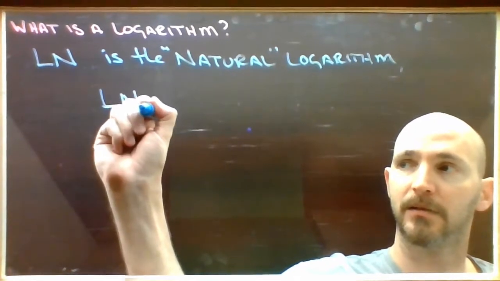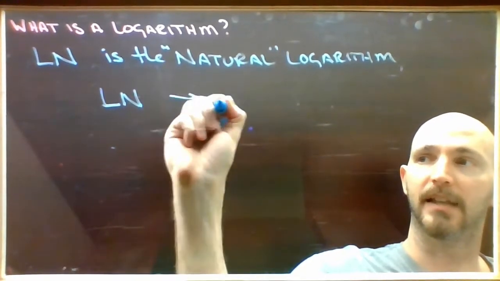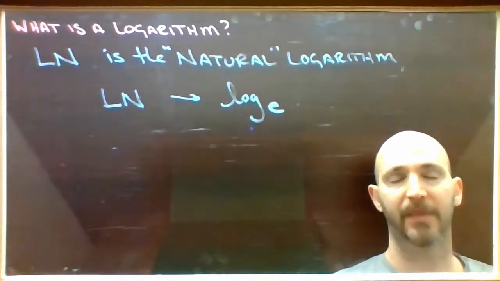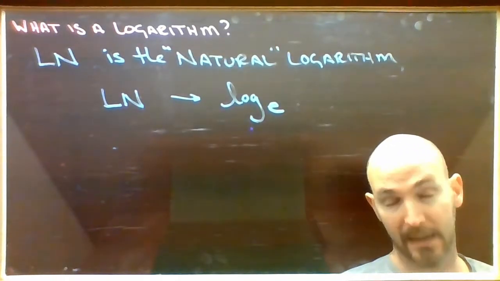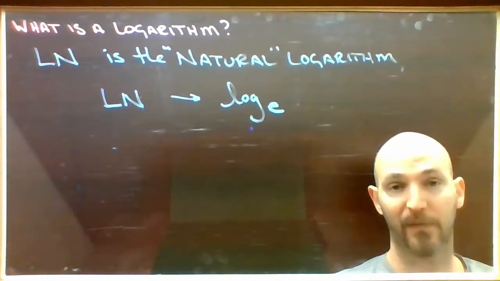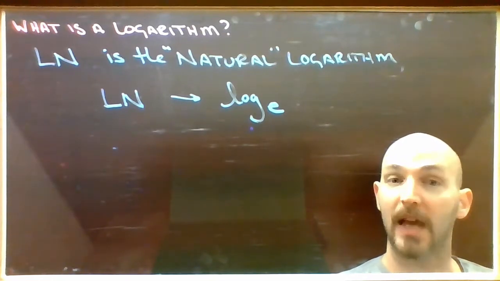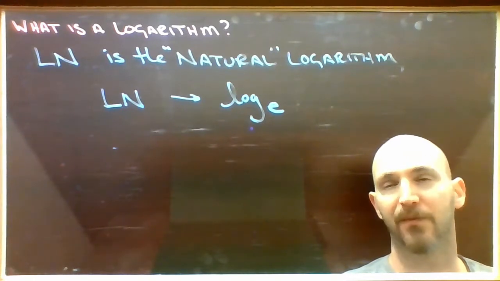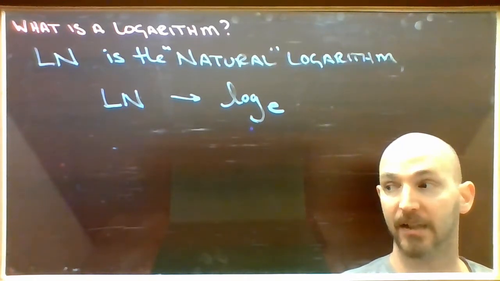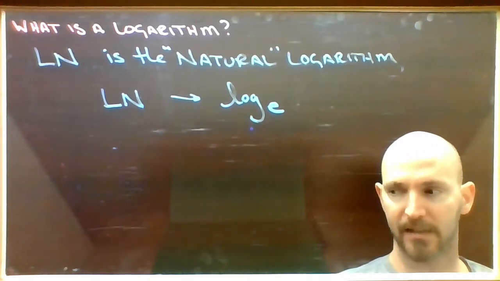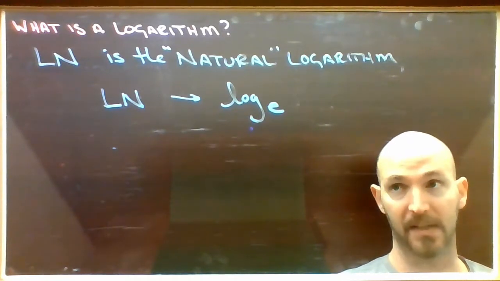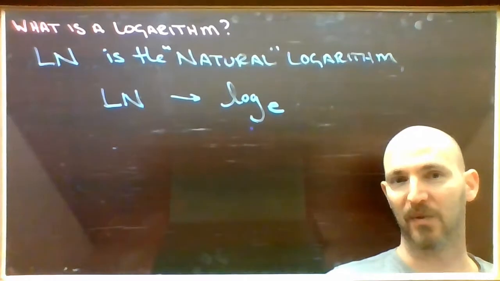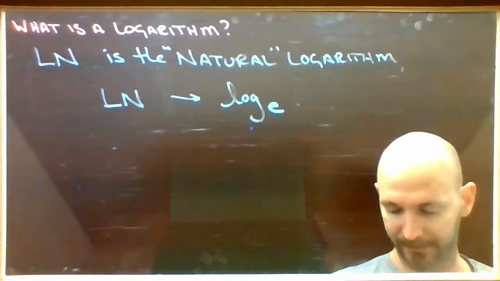Ln is log base e. Now e is Euler's number, and that's a fancy thing from calculus, and when you get there you'll understand what it means and why we use it. But it is, for now, just an irrational number like pi. It's a universal constant. Lots of things in nature depend on it. So that's why it was grand enough to have made it to your calculator.